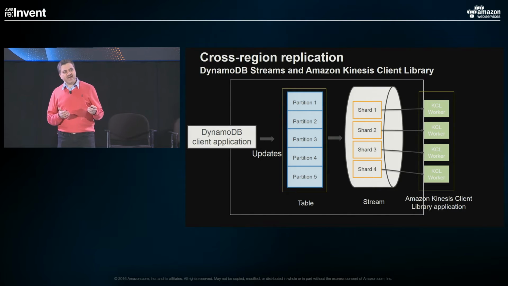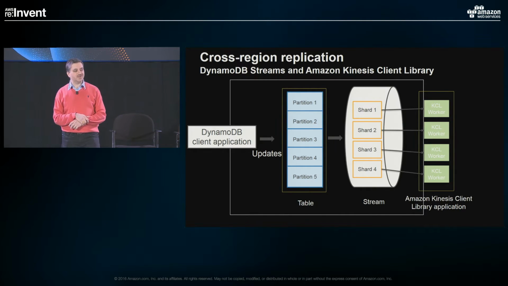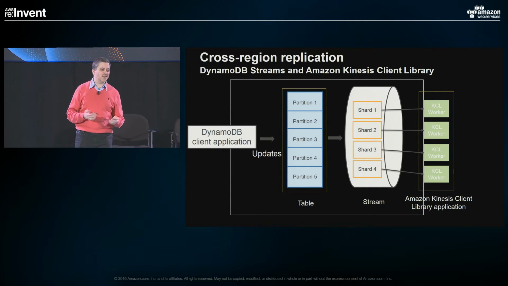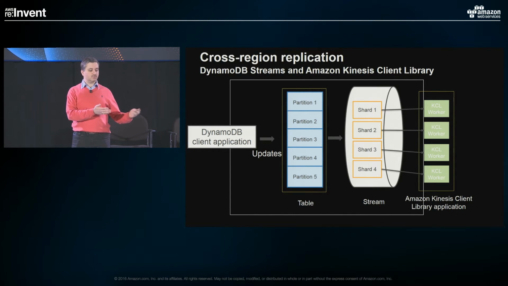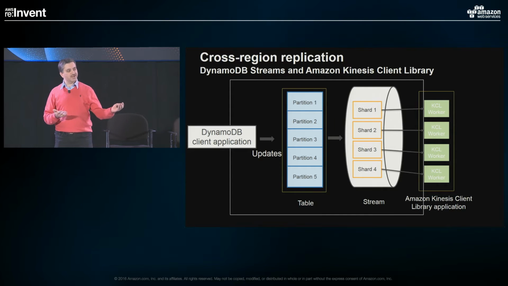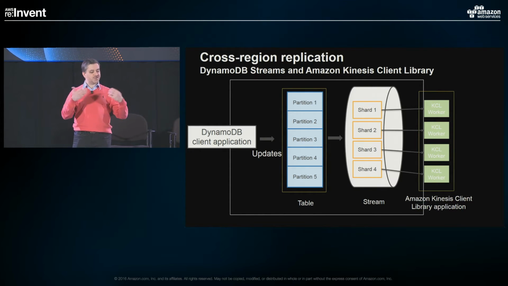Going into a little bit more detail on how the cross-region replication library solution works, it is set up by way of a Kinesis client library application on an EC2 instance. When you enable DynamoDB streams on your primary table, the DynamoDB client writes to the primary table, and the updates are captured through the streams.